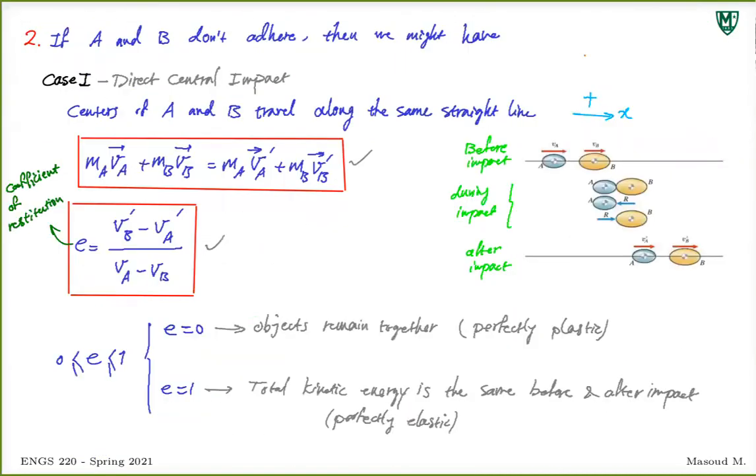For instance, if you're looking at impact along X-axis or direct central impact, remember, this is for the case when VA, VB, and VA prime and VB prime are both positive before and after the impact. So if that's not the case, you have to take into account that sign when you write these two equations.